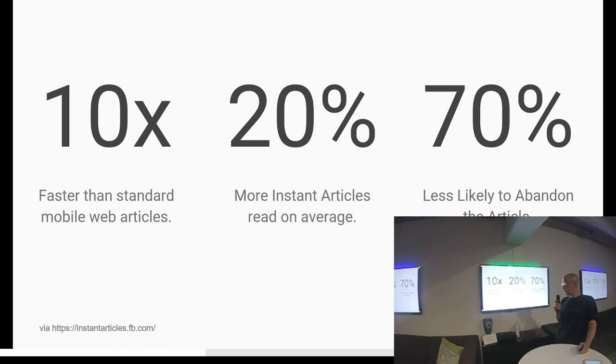Facebook Instant pages are 10 times faster than standard mobile web articles. These are all stats from instantarticles.fb.com if you want to find out more about Facebook Instant. They're read on average 20% more than any other web page. And interestingly, readers are 70% less likely to abandon reading the article because it loads so much quicker.